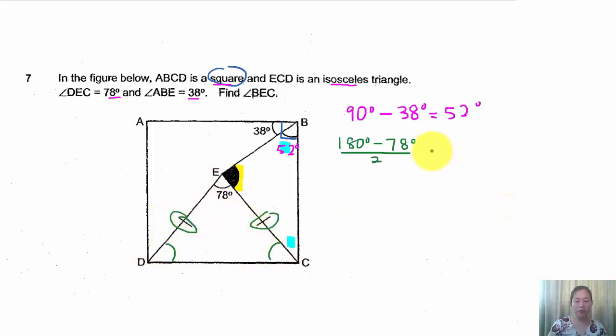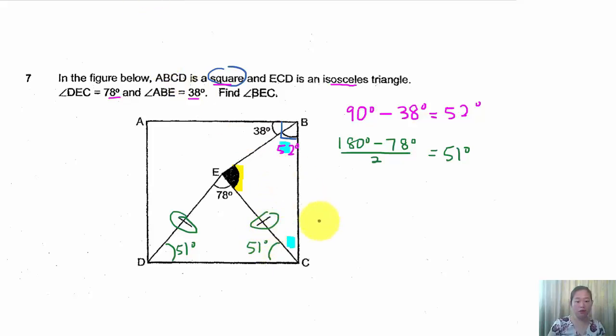So the answer will be 51 degrees. So we have 51 degrees here and also here. It's good to write into the figures, but always use a pencil in case you write the wrong thing and the whole thing becomes very dirty and messy.